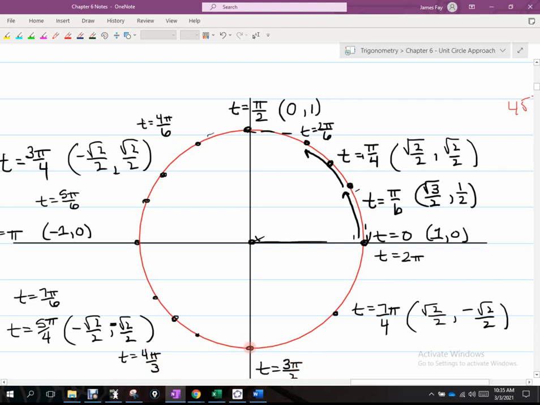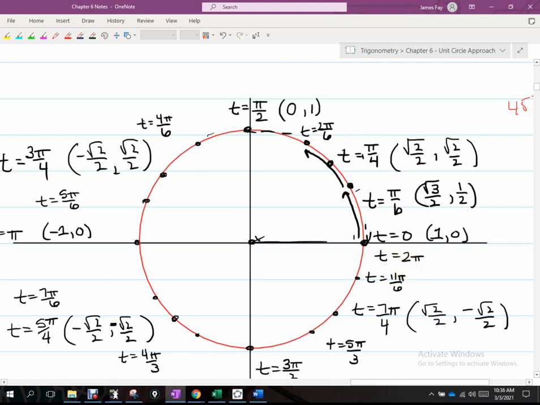So 9 pi over 6 plus pi over 6 gives me 10 over 6. But what's that reduced to? 5 pi over 3. Add pi over 6 to 10 pi over 6 and you get 11 pi over 6. Add pi over 6 to 11 pi over 6 and you get 12 pi over 6.